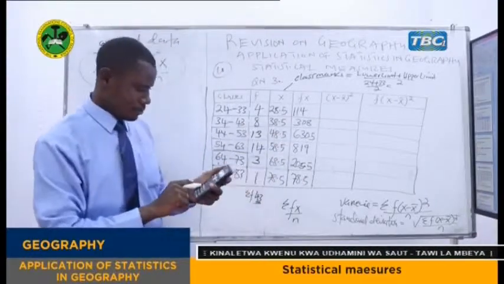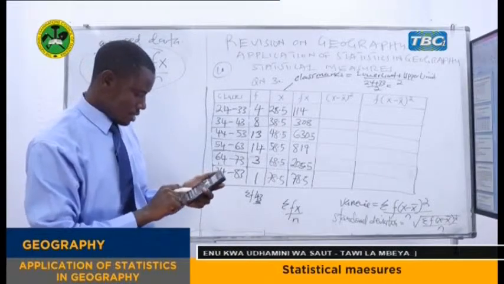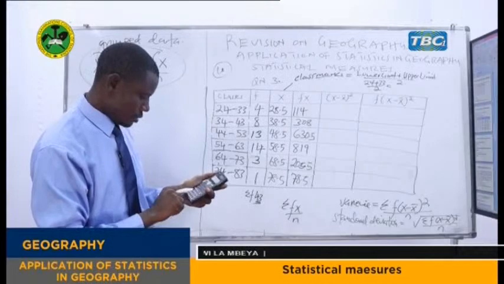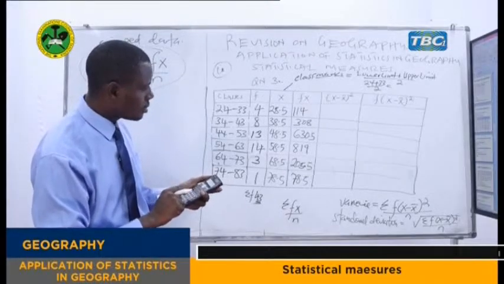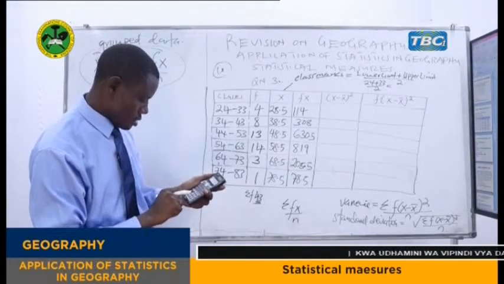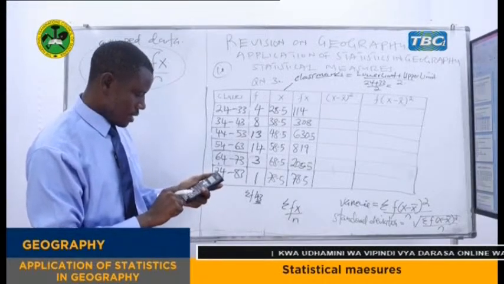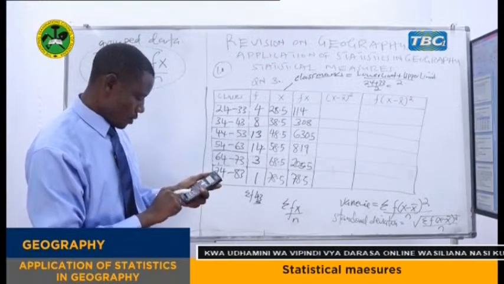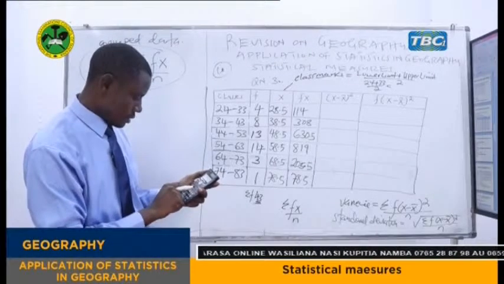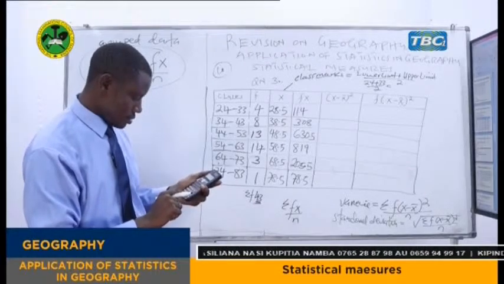You take 114, plus 308, plus 630.5, plus 819, plus 205.5, plus 78.5.